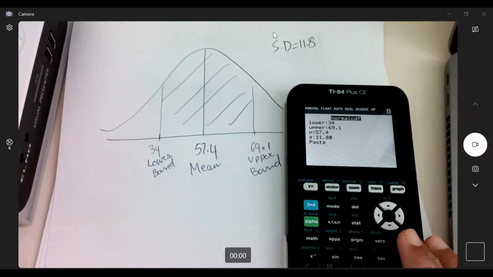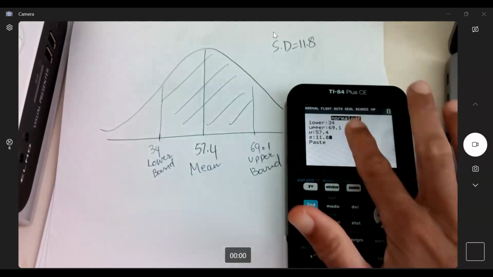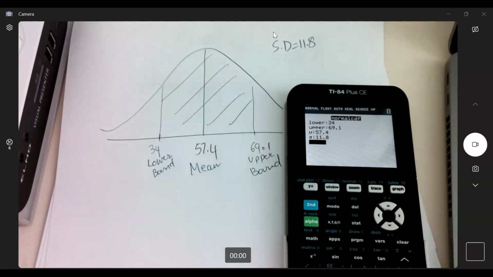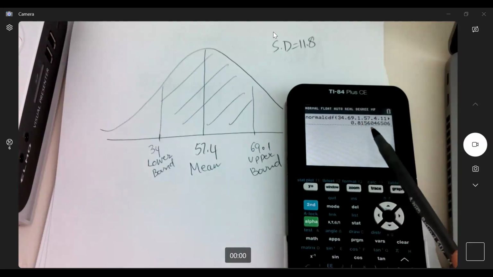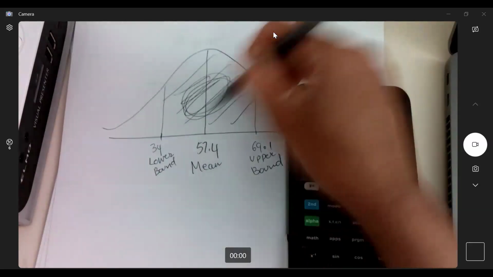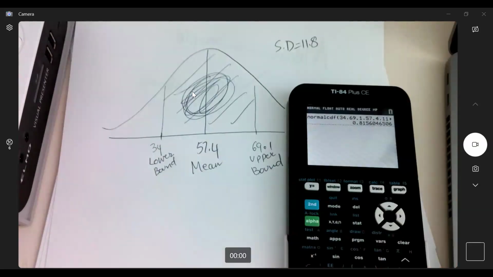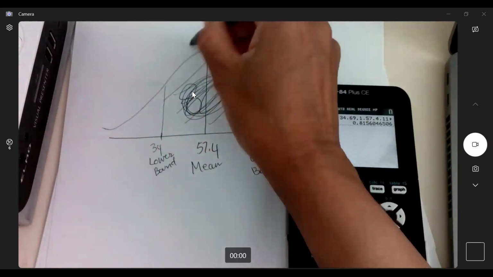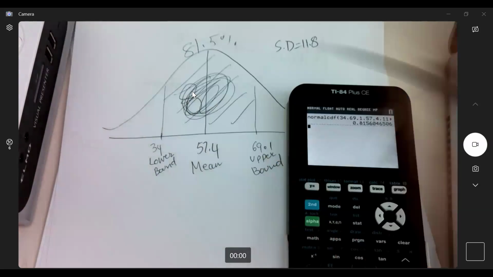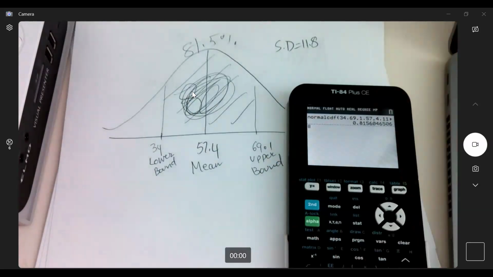Angela's done. So as we fill these values in, we go to the word Paste, which is highlighted now, and I'm going to press enter, and enter one more time. You will see the answer on my screen as 0.8156, which is 81.5%. That is about 81.5% of the area. That's what we figured out using the calculator.